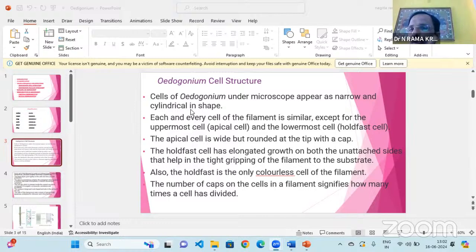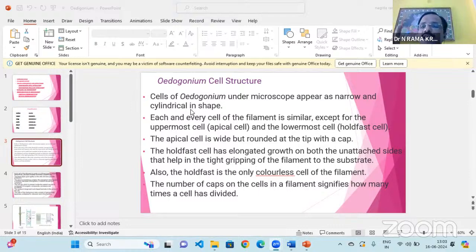You see, whatever you have completed now has a totally flat shape structure. It has a little, one or two erect branches. But when you are looking at Oedogonium, it is a little bit advanced chlorophytic algae.